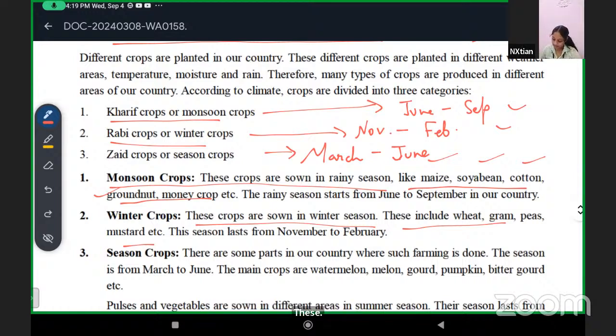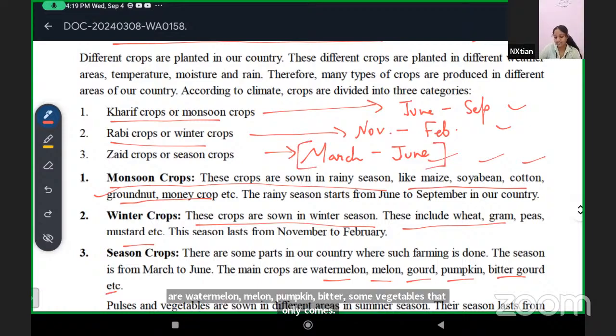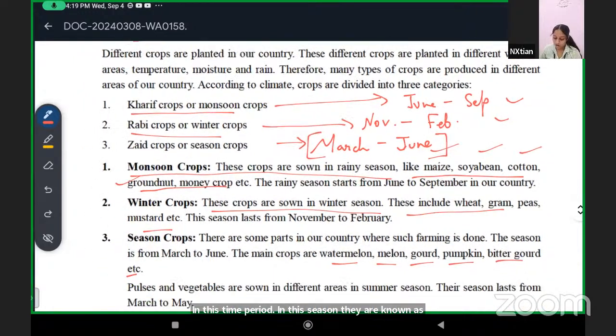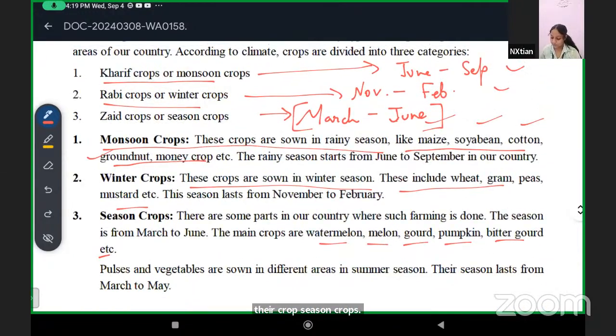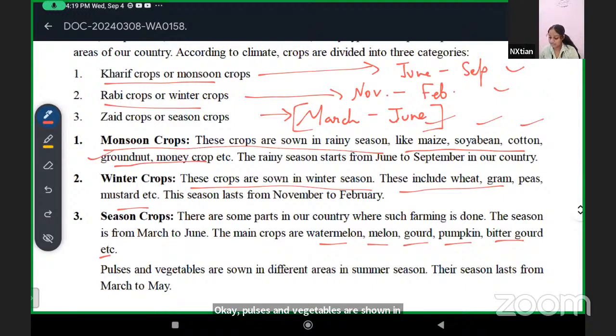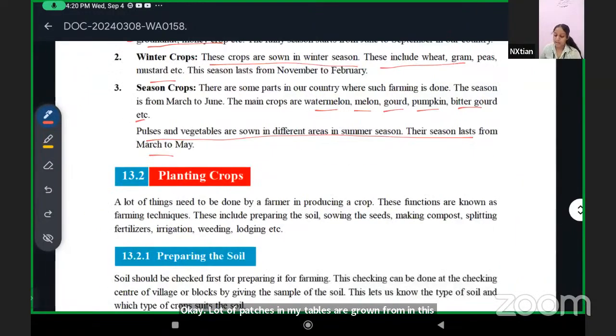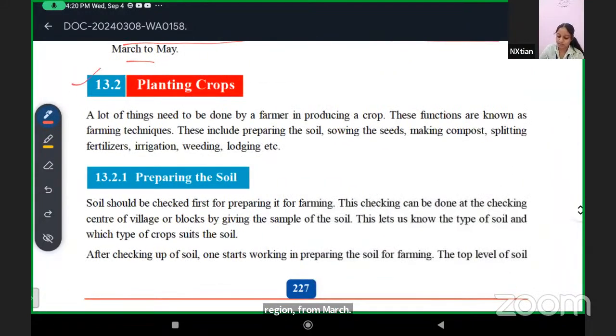They are watermelon, melon, gourd, pumpkin, bitter gourd, etc. Some vegetables only come in this time period. Pulses and vegetables are sown in different areas in summer season. Their season lasts from March to May. A lot of pulses and vegetables are grown in this season from March to May.